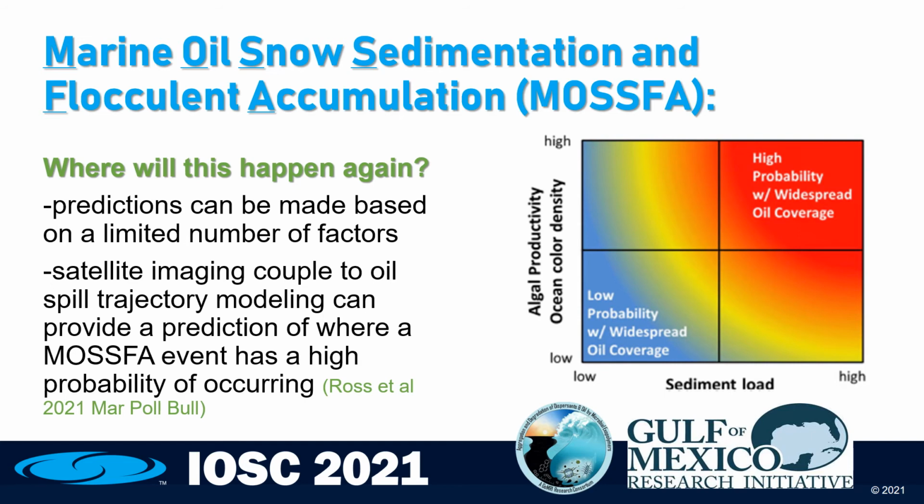And the value of this really comes in connecting it to satellite imaging, because we can use satellites to predict algal productivity. Therefore, we may be able to use this combination of information to predict when and where there will be a large MOSSFA event, and therefore where and when the oil may be deposited.